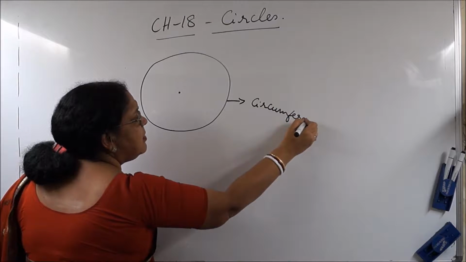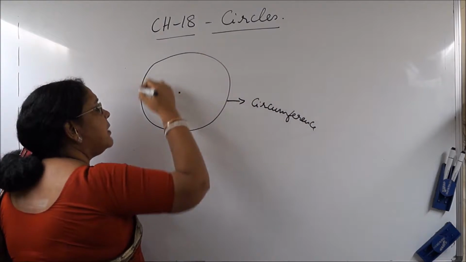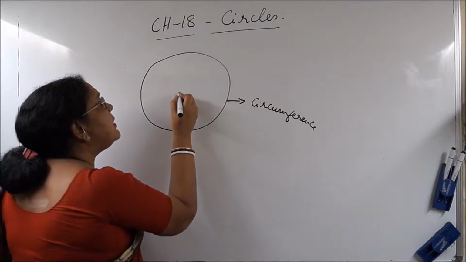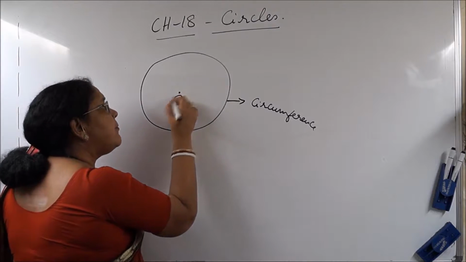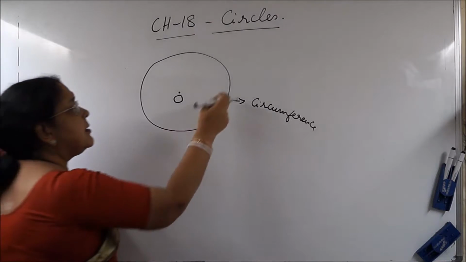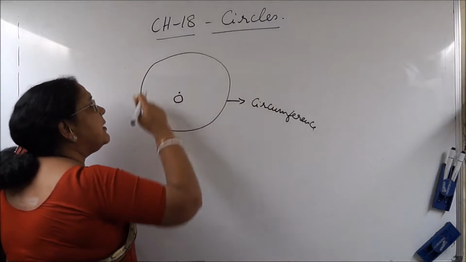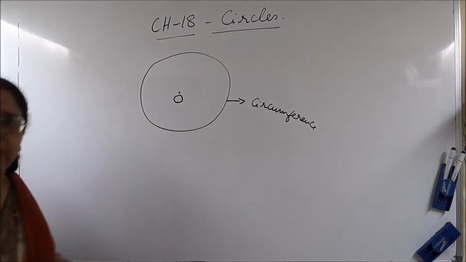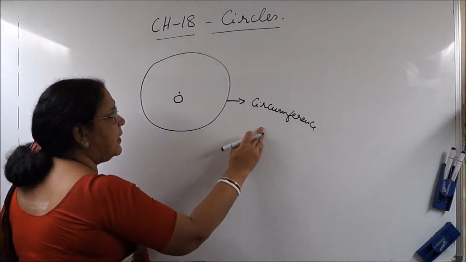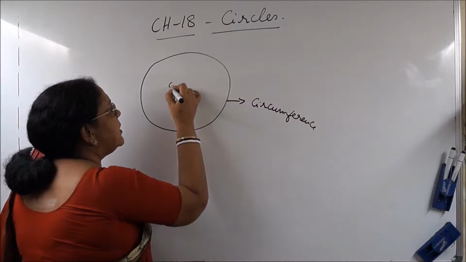Any point on the circumference of the circle is equidistant from its center O. The circumference is sometimes, in mensuration, also referred to as the perimeter, that is the length of this circle. This is the center of the circle.